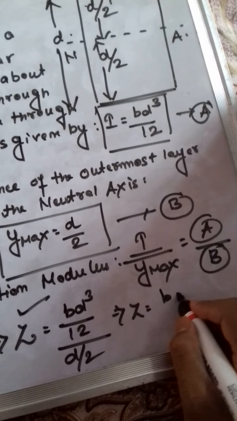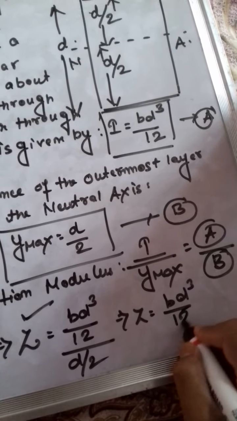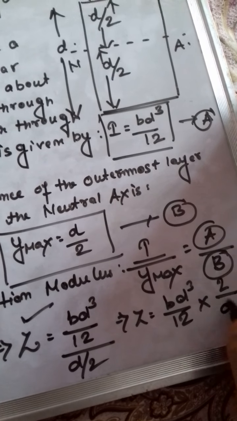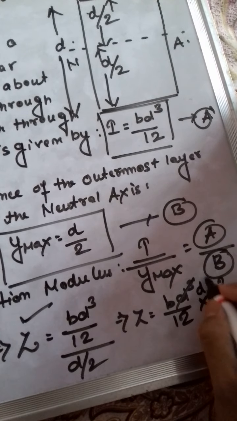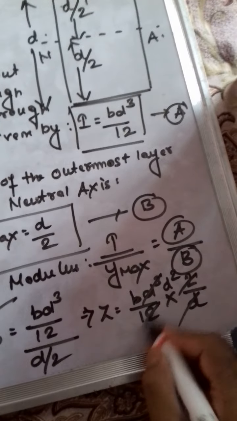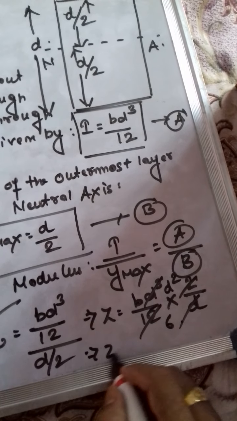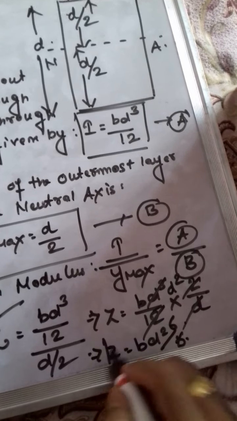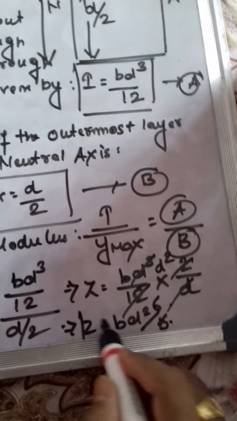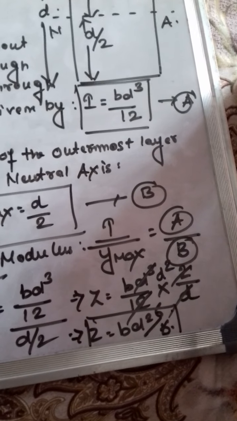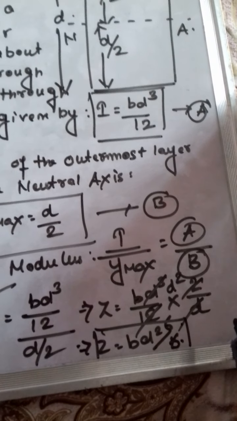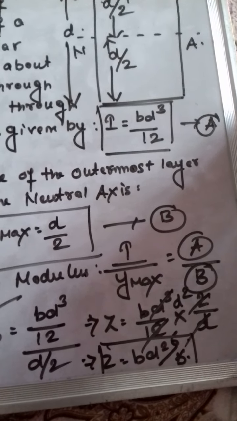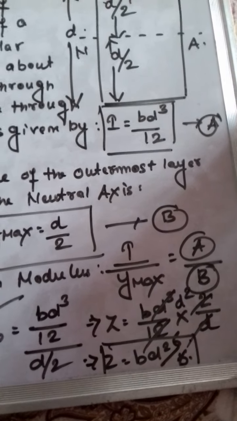So bd cube by 12 by d gives d square, bd square by 6. This is the section modulus for a rectangular section, that is Z is equal to bd square by 6. I hope it is clear.